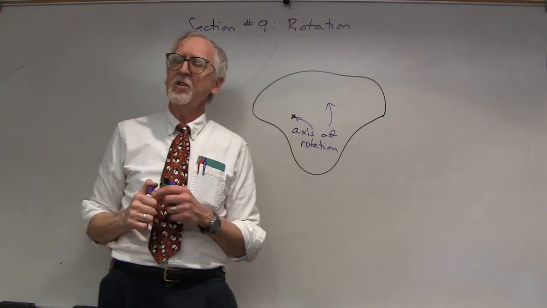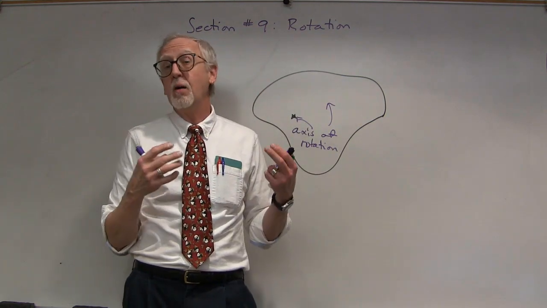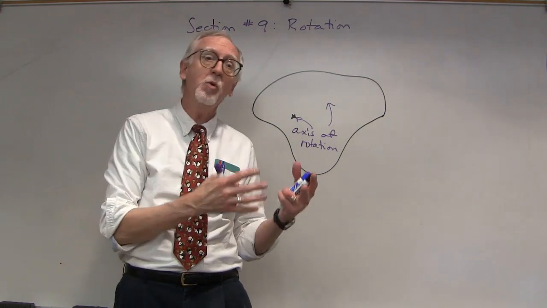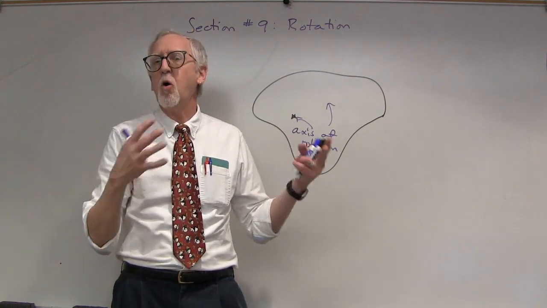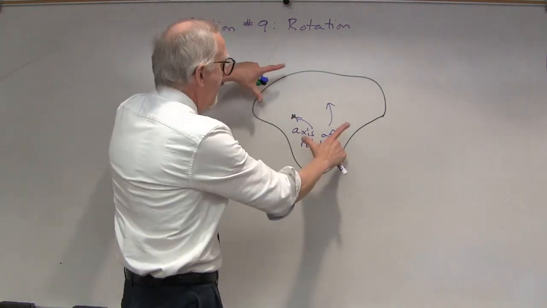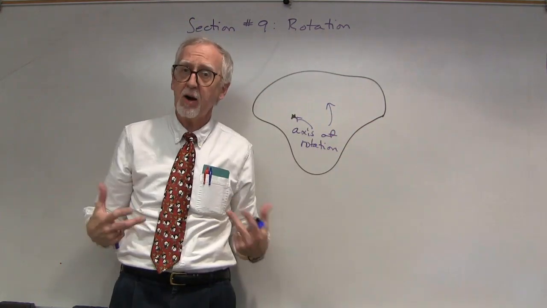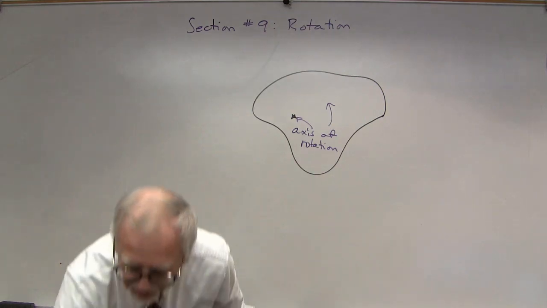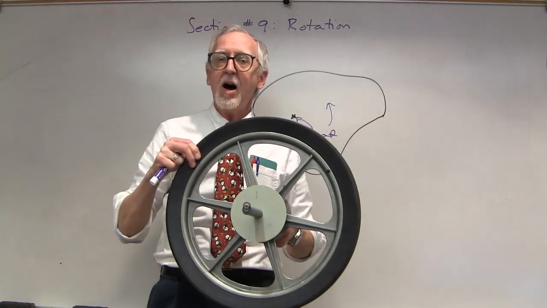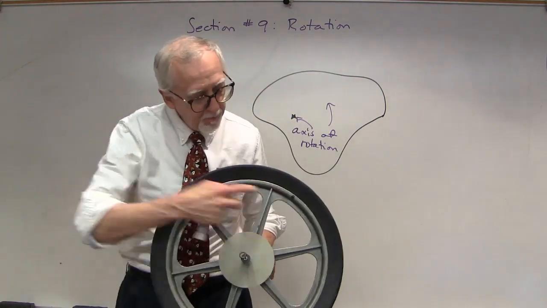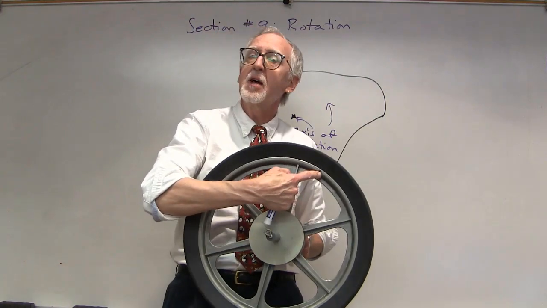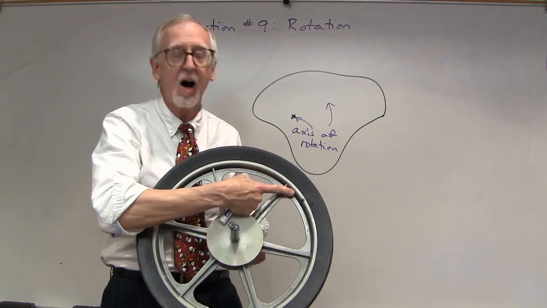So how are we going to describe this motion? Well, before we start talking about motion, how will we describe, let's say, the orientation of the object? Rather than here, is it here or down here or something like that? How will we describe that? Well, let's imagine that somewhere on our object we put some point, or we consider some point on our object. I've got a little dot here.